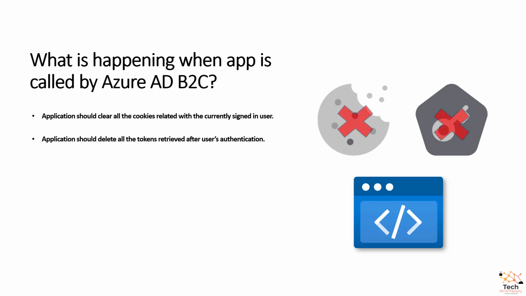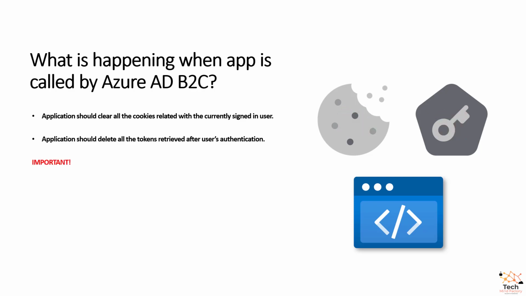And this is on us developers to implement this sign-out process correctly. So on the application side, we should implement the endpoint to handle this HTTP GET. We should handle in the code the process of clearing the cookies and deleting all the tokens.